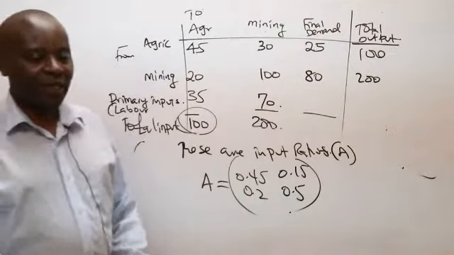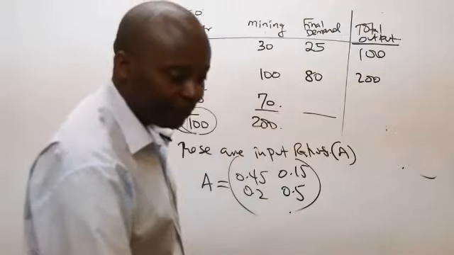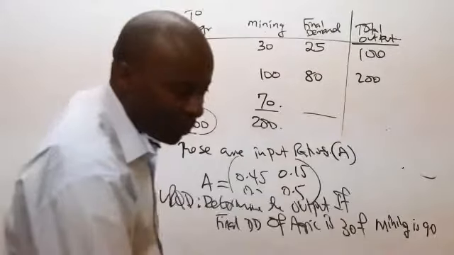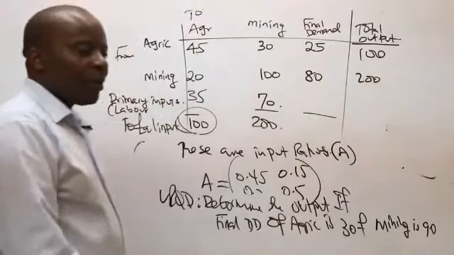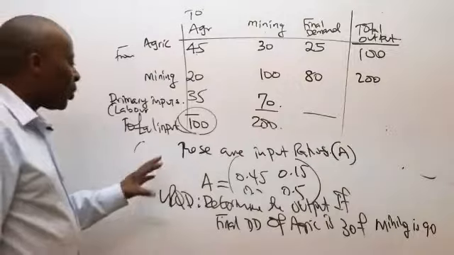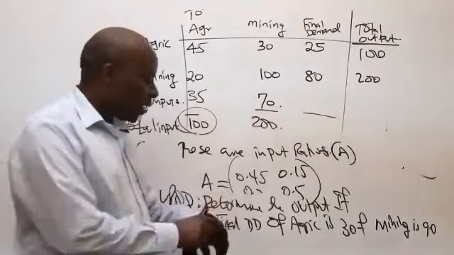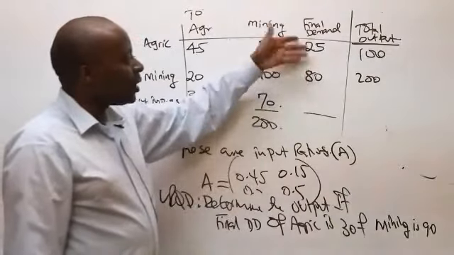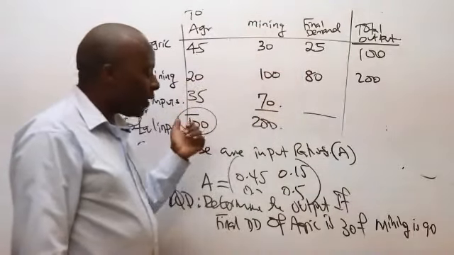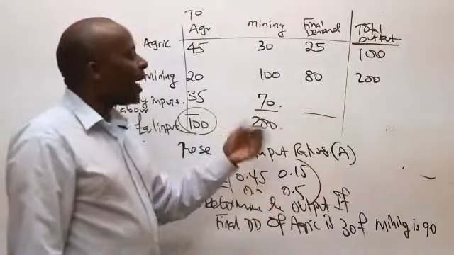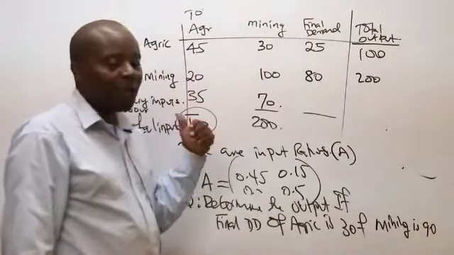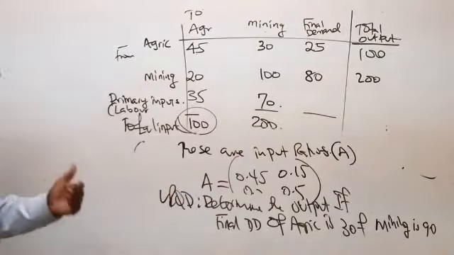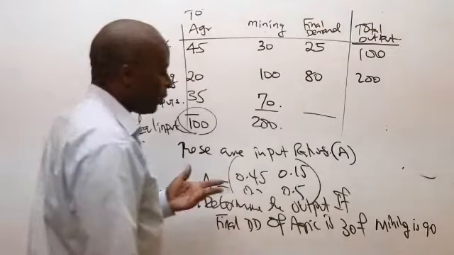Ladies and gentlemen, remember, you'll get a situation in another requirement where the examiner tells you to determine the output if the final demand changes. You're told it changes to 30 and 90 for agriculture and mining respectively. Then what shall you do? That is very easy.